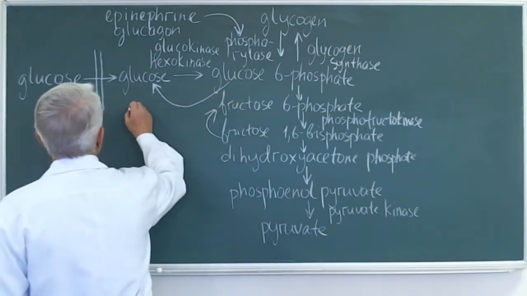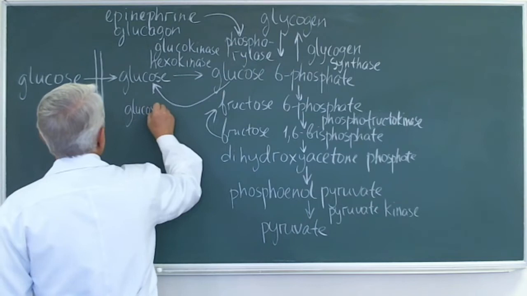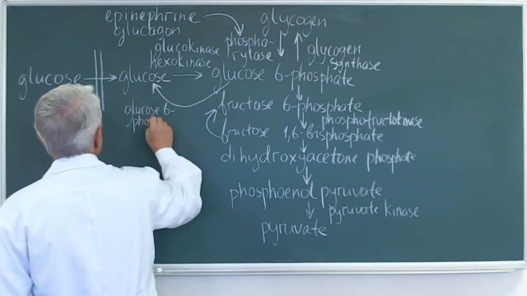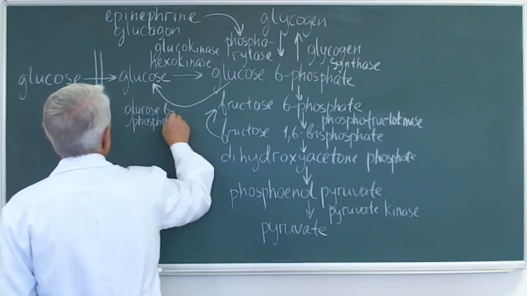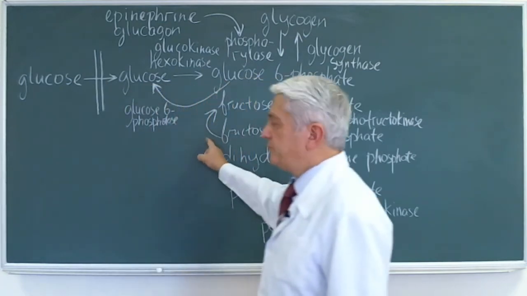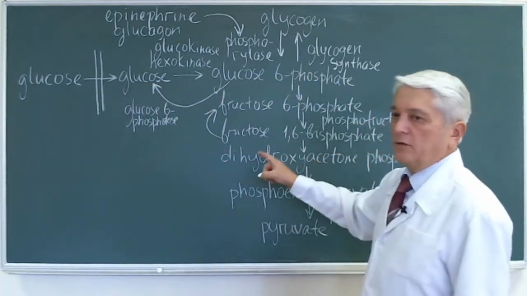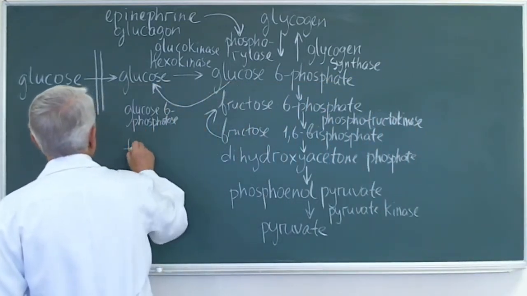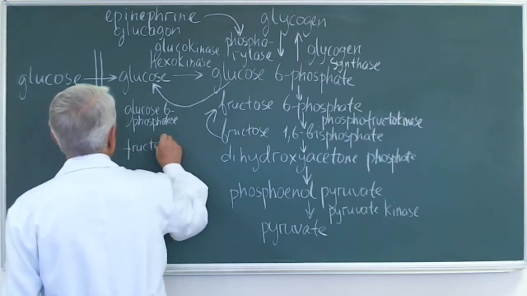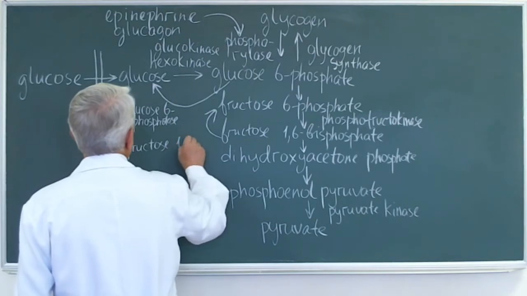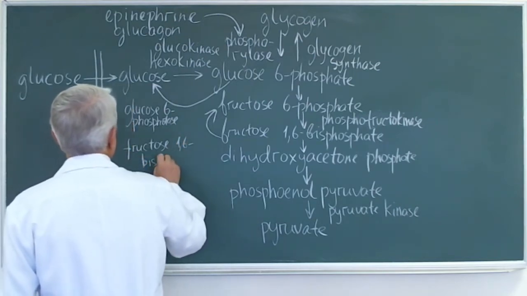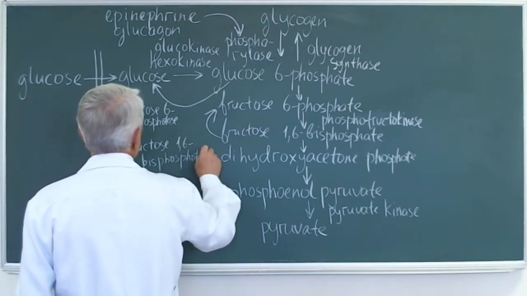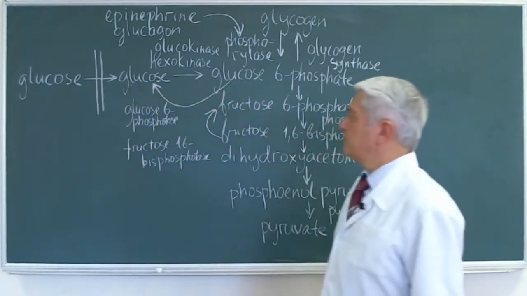Here we have glucose 6-phosphatase, and here we have fructose 1,6-bisphosphatase. Fructose 1,6-bisphosphatase. Here.